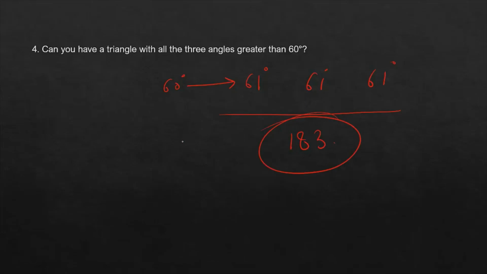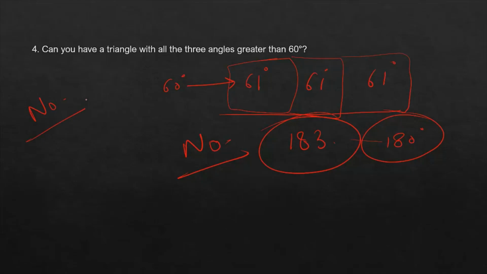Is that possible? No. That's the least that we have gone above 60, and it still exceeds 180 degrees, the sum that three interior angles of a triangle must have. So the answer for this question is no.